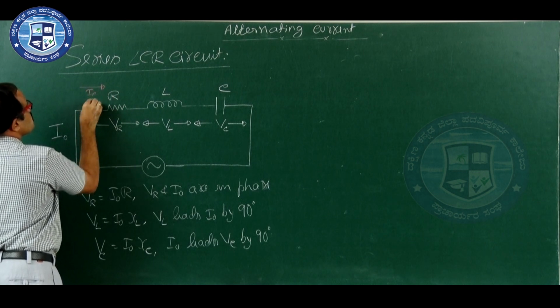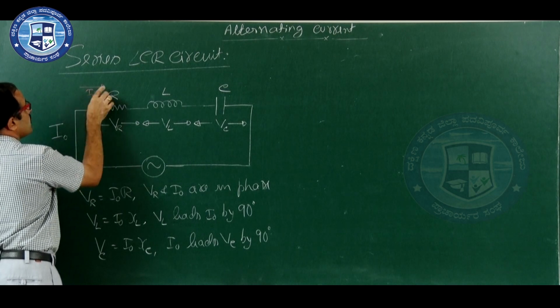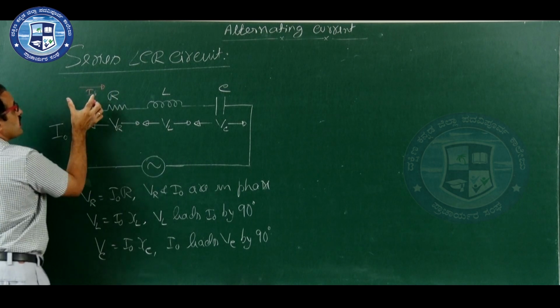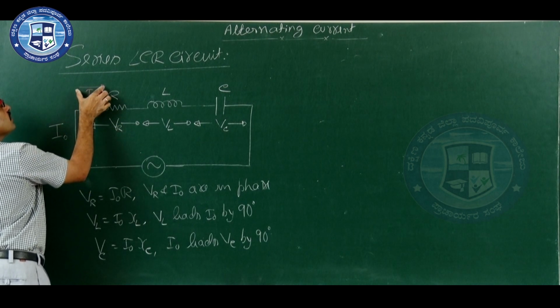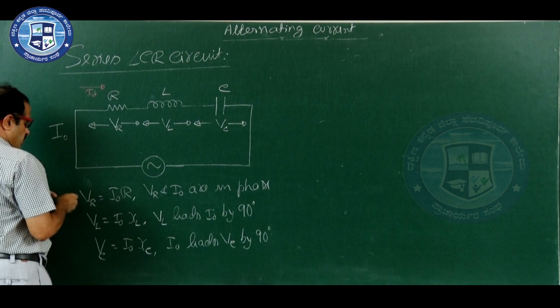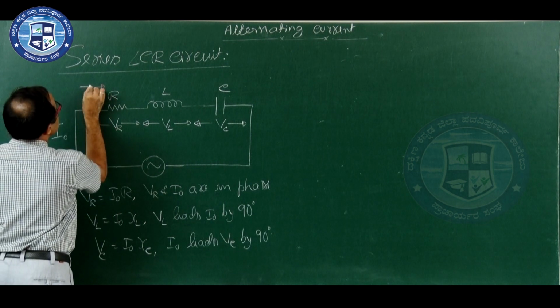It is not the direction. I am just marking current as in the case of phasor drawing. Let us say it is I naught. I naught is the phasor diagram. And what about VR? VR is in the same direction.